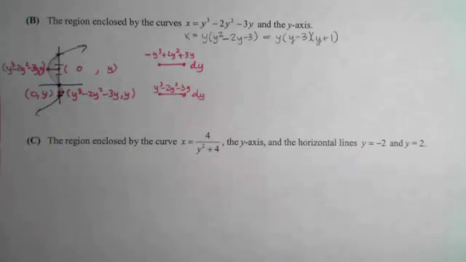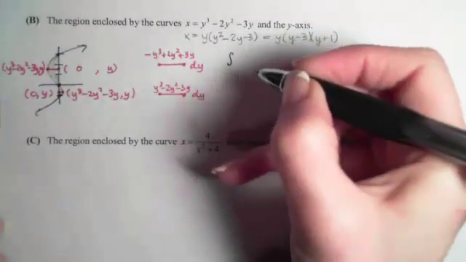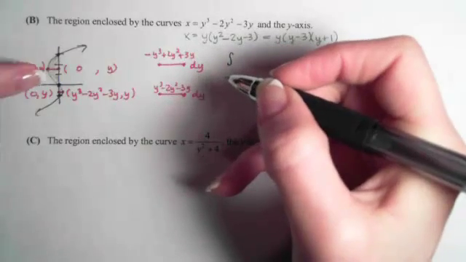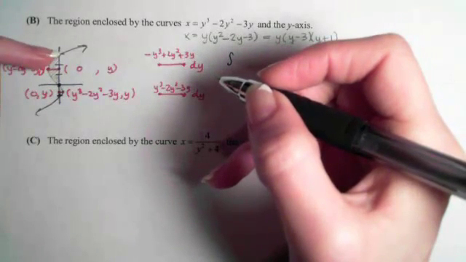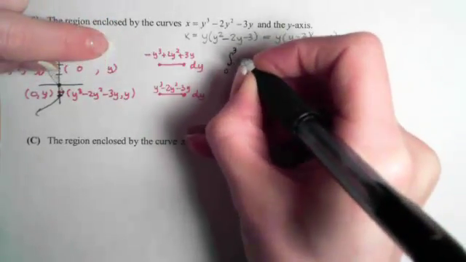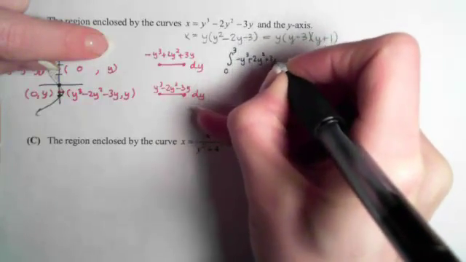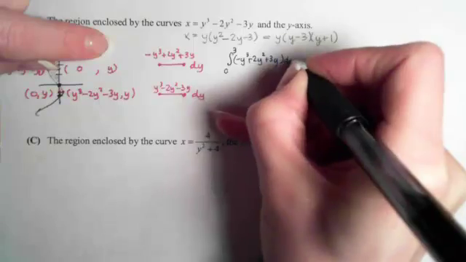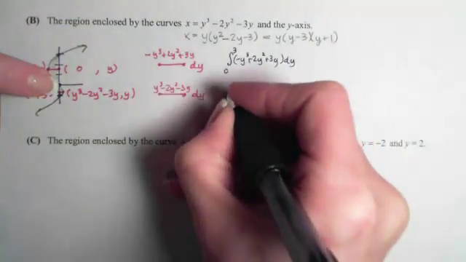So if I set up my integrals now, notice these are y set up, so it's going to be y limits. I'll go from 0 to 3 on this one. So width, or length times width. And this one will be from -1 to 0.